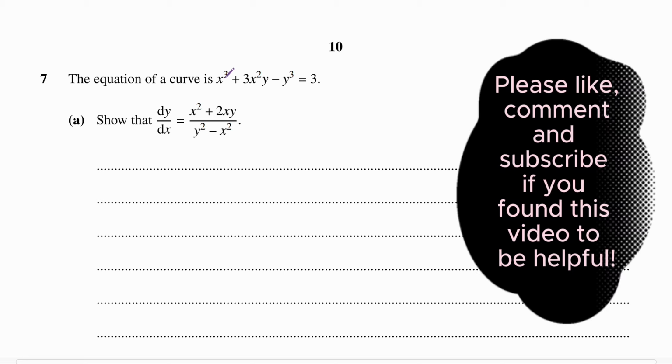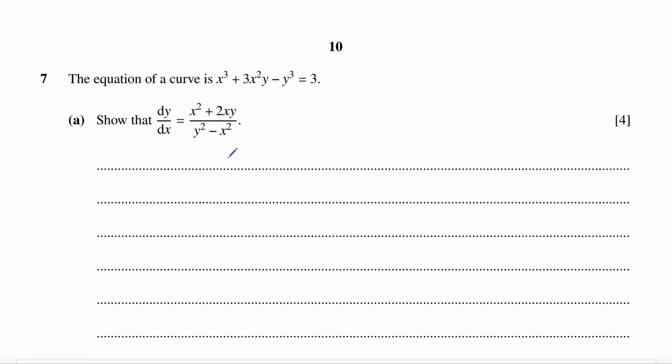So on the left hand side, with respect to x, x cubed just becomes 3x squared. Plus, well, these are two functions. This is 3x squared and y. So the derivative of 3x squared is 6x. So that's 6x times y. Plus, the derivative of y is just dy by dx. So you have 3x squared dy by dx. This is just the product rule.